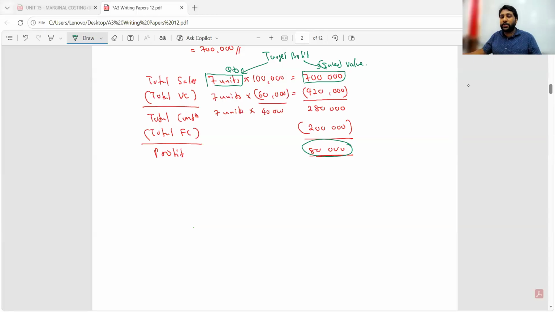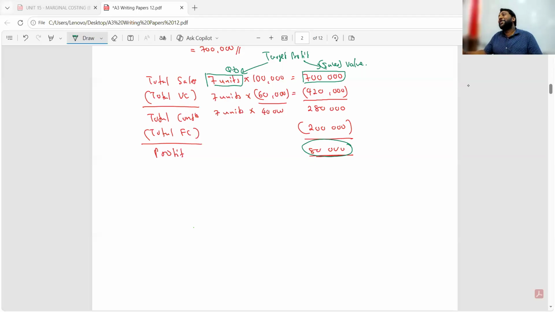Farha is asking a good question: doesn't the fixed cost change for every extra unit? Fixed cost means fixed. That's why we are calling it fixed. But in the practical world context, it's not like that; the fixed cost also changes a little.